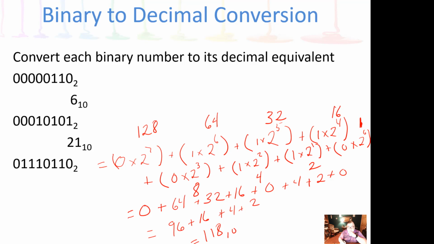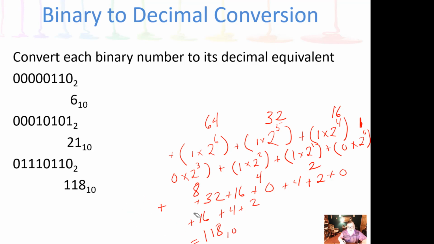Hopefully I did that right. 20 and 116 to 118. Let's check the answer. Yep, it's 118. So hopefully you're starting to get the idea of how to go from binary to decimal.